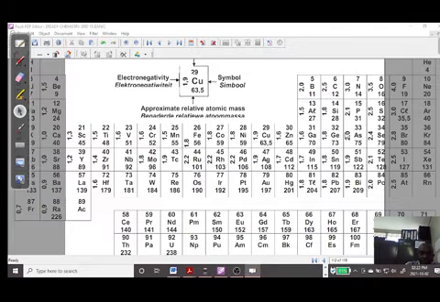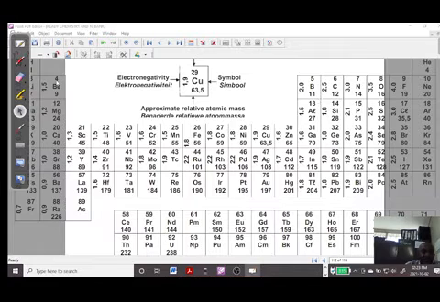What is its molar mass? It is here. It is 31 for phosphorus.